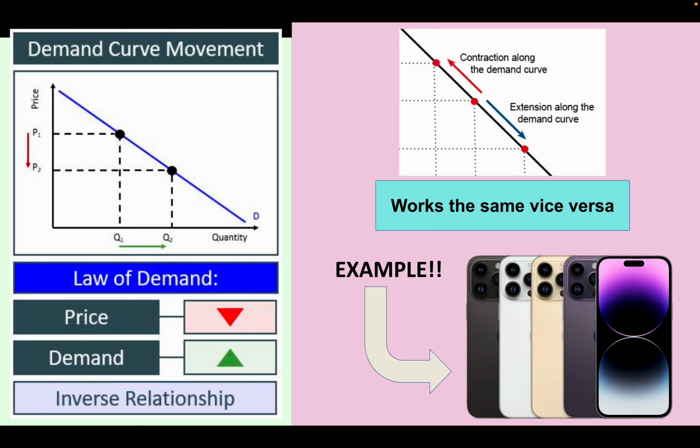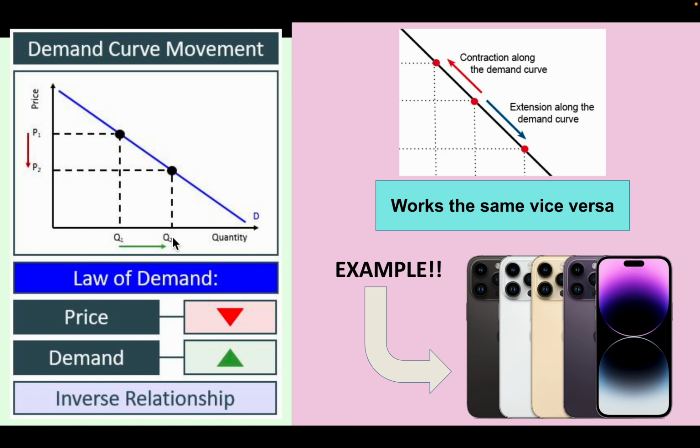Here is the price determinant: movement along the demand curve. For example, if an iPhone is priced at P1, quantity demanded would be Q1. Not a lot of people are willing to pay for such an expensive product. But if Apple wants to be nice and prices it down to P2, the quantity demanded would be Q2. People think, oh my God, the iPhone is so cheap, I'm going to buy it.